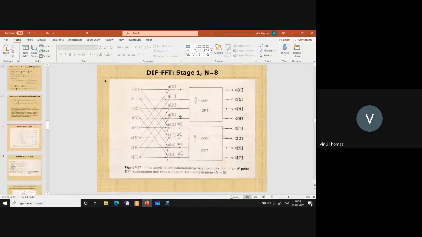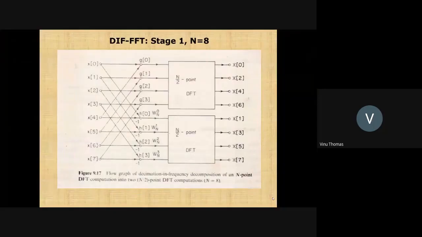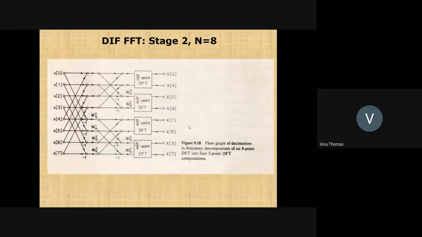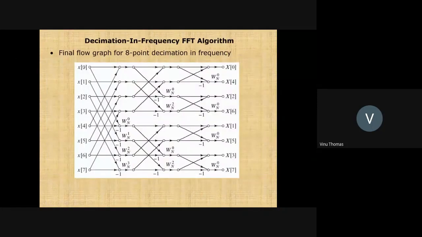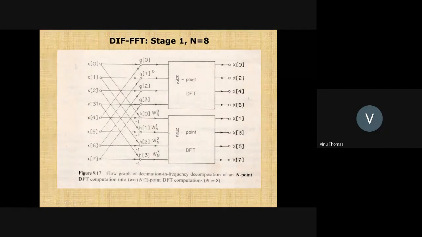This is the DIF FFT flow graph. This is the first stage of the DIF FFT flow graph. So if your question is an 8-point FFT, then you only need to approach like this. But again, if you are asked to find out what are the intermediate values, then this is the only way in which probably you will be able to compute all the intermediate values. Otherwise, you can use this structure.